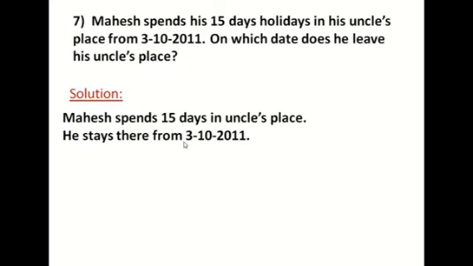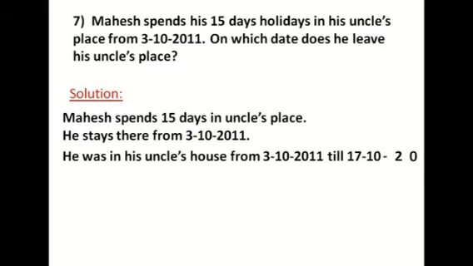So from 3rd of October, if you count 15 days, till that much he will be in his uncle's place, right? So find out from 3rd till which date it will be 15 days. So 3rd, 4th, 5th, 6th, 7th, 8th, 9th, 10th, 11th, 12th, 13th, 14th, 15th, 16th, 17th. Till 17th it will be 15 days, right?